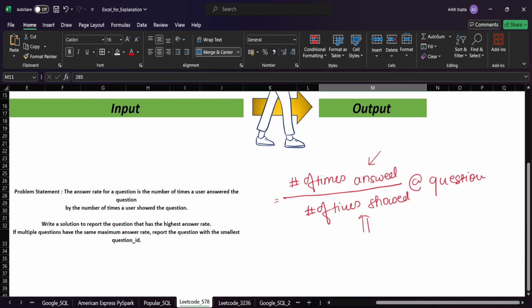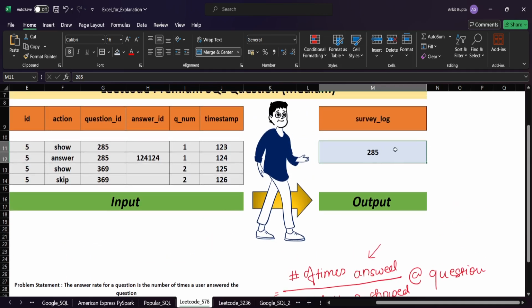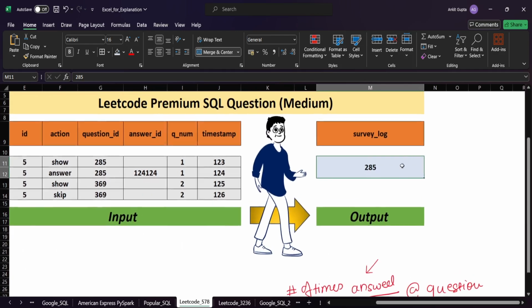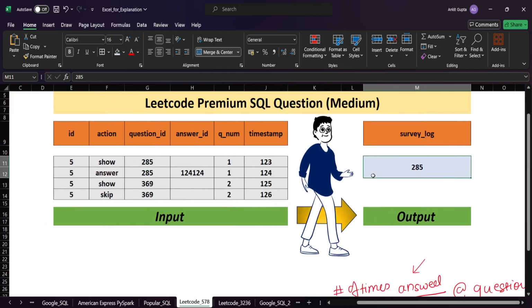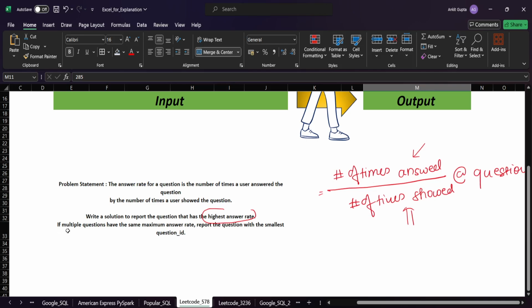Write a solution to report the question that has the highest answer rate. So if you see here in the output we have only one record, which is the highest answer rate question. If multiple questions have the same maximum answer rate, report the question with the smallest question ID.